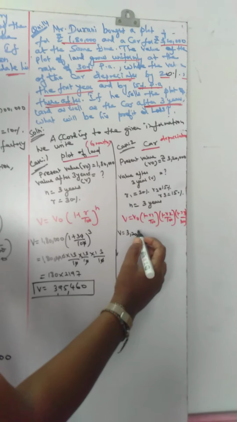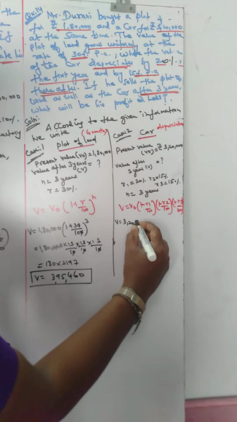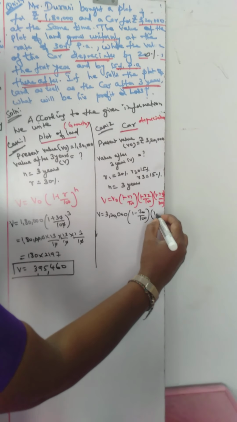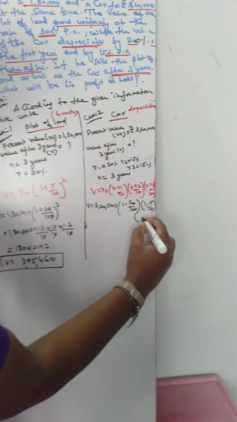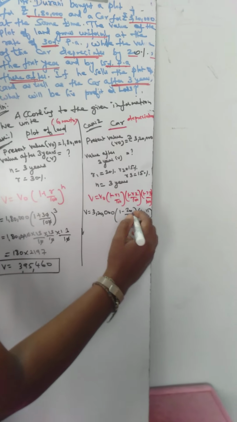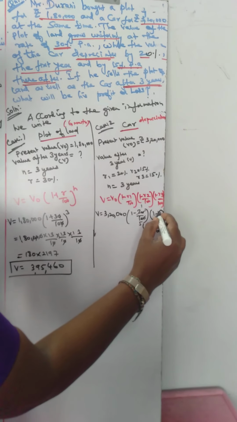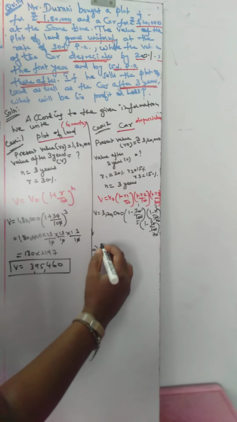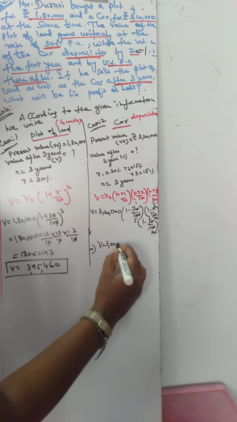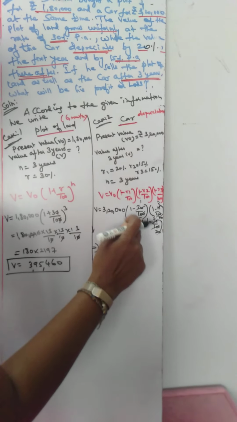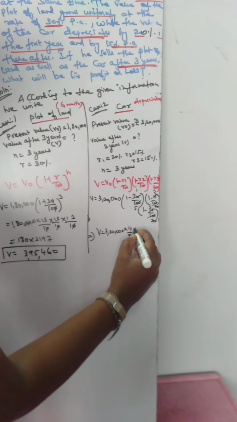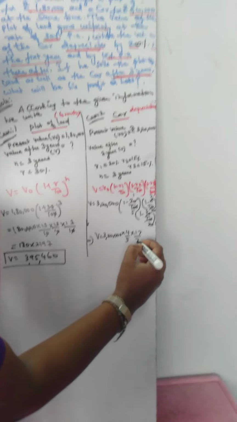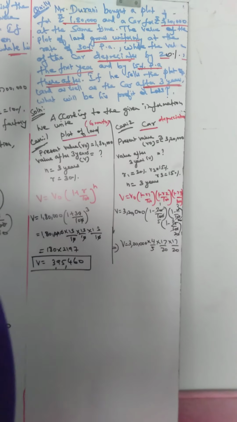So we have to substitute V naught for case 2 as 3,20,000 into 1 minus R1, here 20 by 100, then 1 minus 15 by 100, then R3 is 1 minus 15 by 100. Which implies V is equal to 3,20,000 into 4 by 5 into 17 by 20 into 17 by 20.